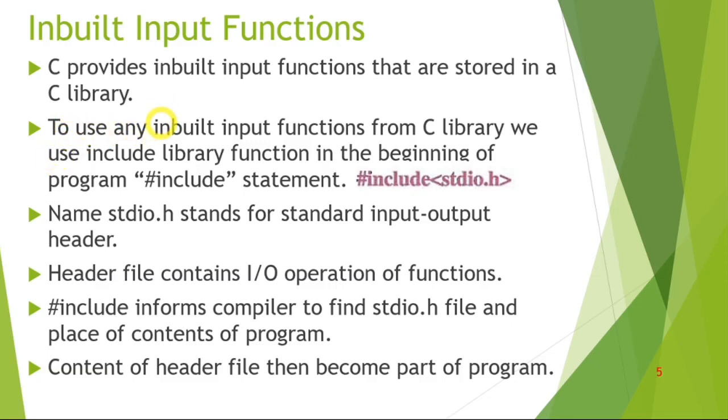So to use any inbuilt input function from the C library, we have to include the library at the beginning of the program, that is, hashtag include, then angle bracket, stdio.h, and angle bracket close. Now the name stdio.h stands for standard input output header. Very simple. The header file contains the IO operation functions.